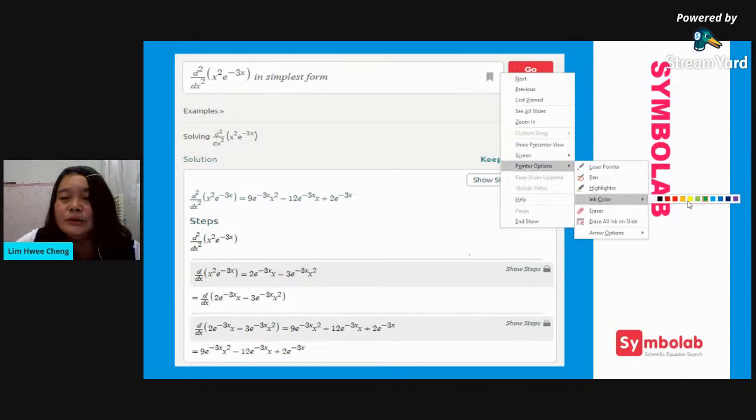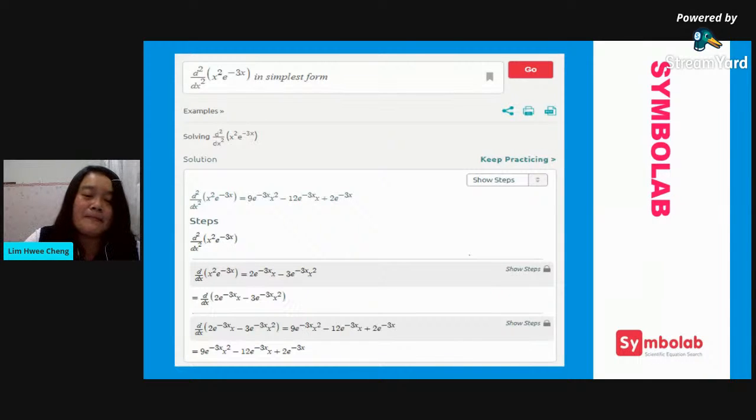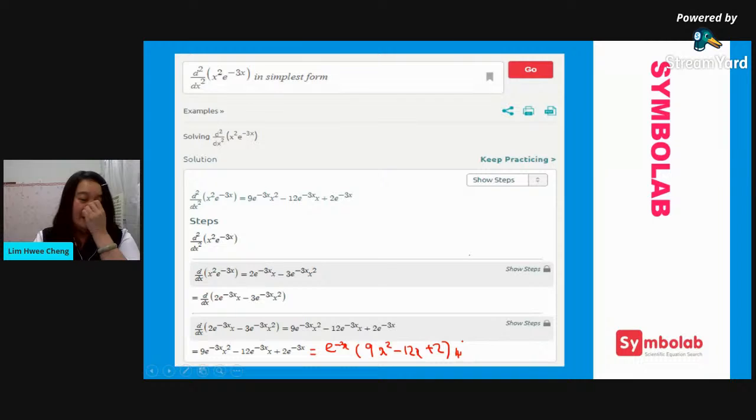You factorize 9x square minus 12x plus 2. So this is all about the second derivative. I hope that you remember how to do the second derivative.